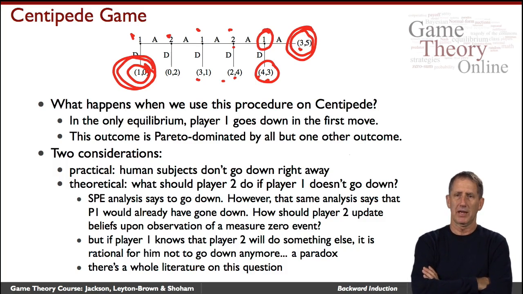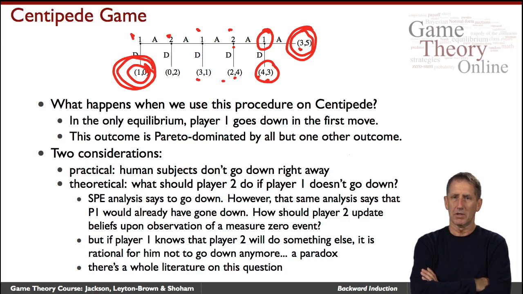But there's also another problem that's theoretical in nature. We know that the only subgame perfect equilibrium is one where agents defect, go down at any point in time. Now imagine that the game starts and player 1 goes across, does not go down. What does player 2 do? Well, on the one hand, you could say the only subgame perfect equilibrium is to go down. They should go down because they'll go through this backward induction argument and it'll tell them that the best thing for them is to go down.